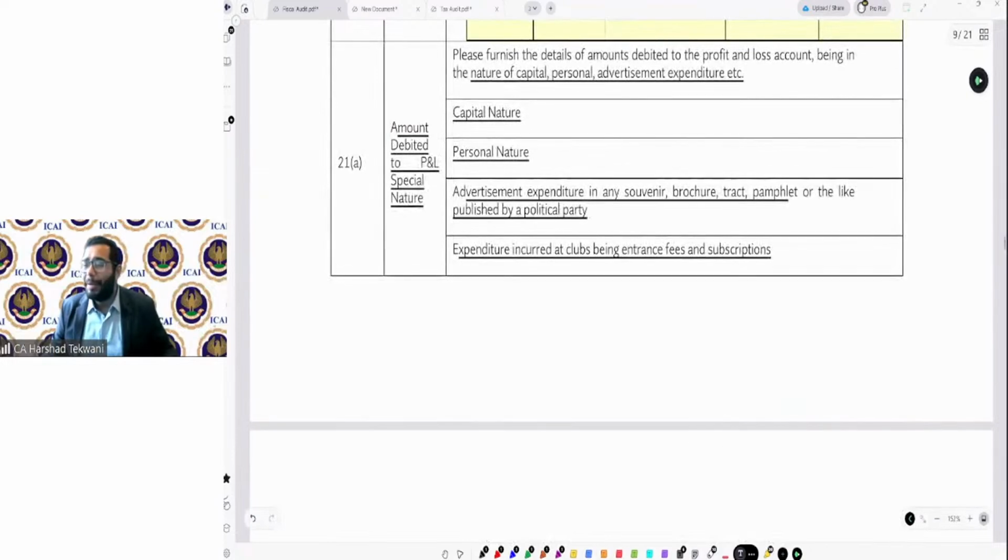If any such amount is debited to the profit and loss account, then you need to report that amount. Again, either it's a personal expenditure, capital expenditure, advertisement, fines, subscriptions. So if that is the amount, then you need to report it. Clear? Any doubt?